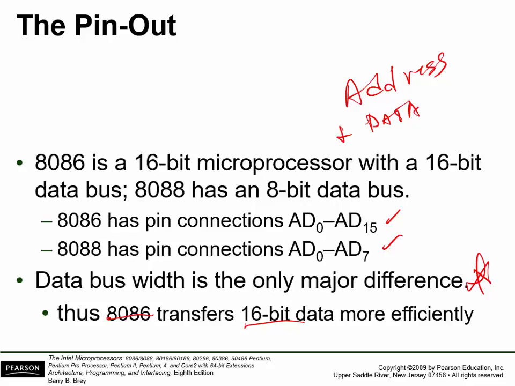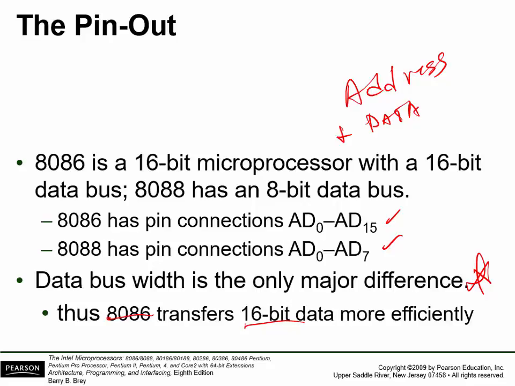The 8086 is a slower processor, and the reason is at the time the 8086 came out, there were no 16-bit peripherals or memory chips. So engineers preferred a processor that was only 8-bit simply because it was cheaper to build, because you needed 2 of everything.